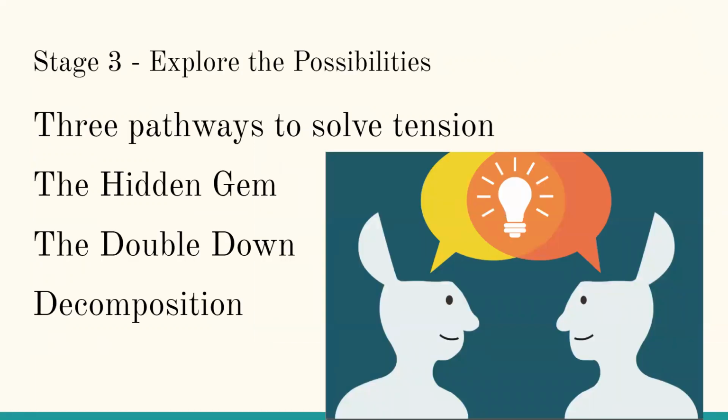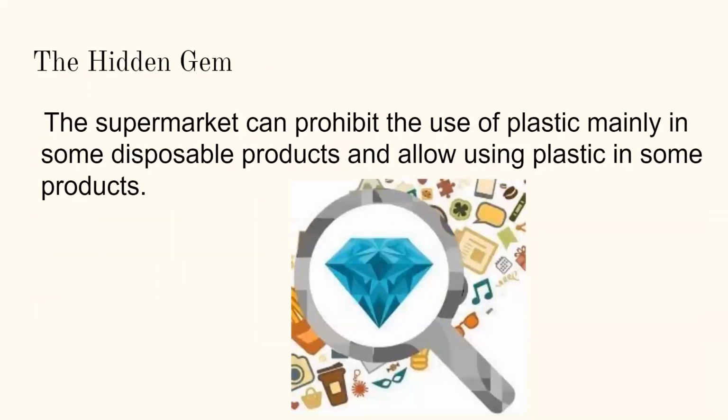Stage 3 is exploring the possibilities. We need to use 3 pathways to think and get answers, which are all useful. The first way is hidden gem. In this way, we can create a new model by organizing and combining the valuable parts of each model and throwing away those that have tensions or bad results, and also the rest of the models.